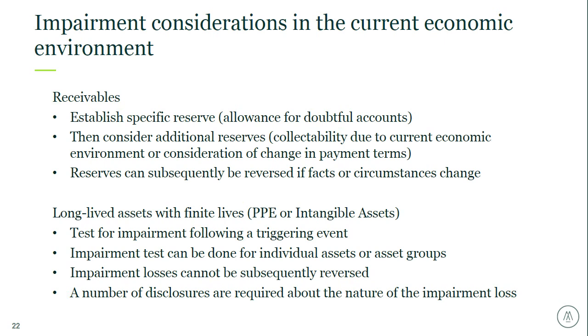And this requires additional consideration in the current year by both management and also by the auditors, as the auditors are looking at them. On this slide, we highlight a few. Receivables and those related to long-lived assets with finite lives, your PP&E or intangible assets. Other key areas that could need consideration that we will not be discussing specifically today would be inventory and goodwill.